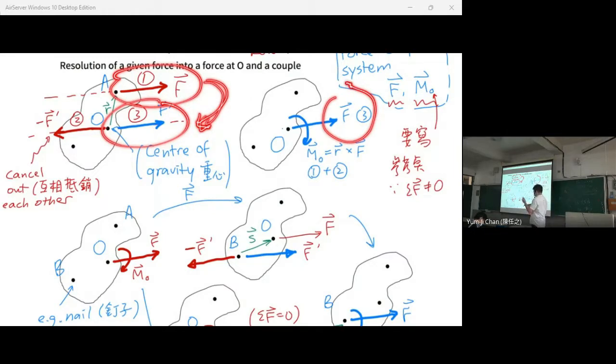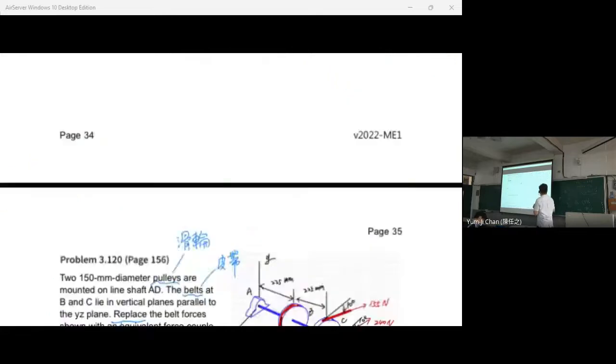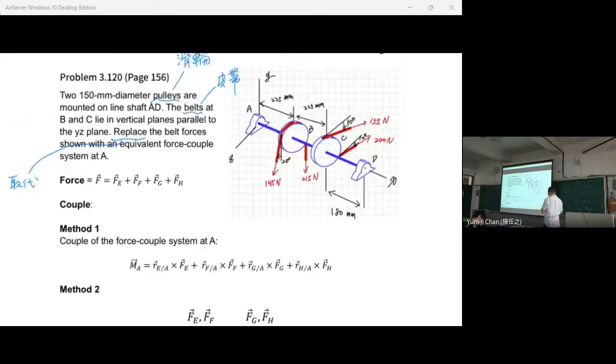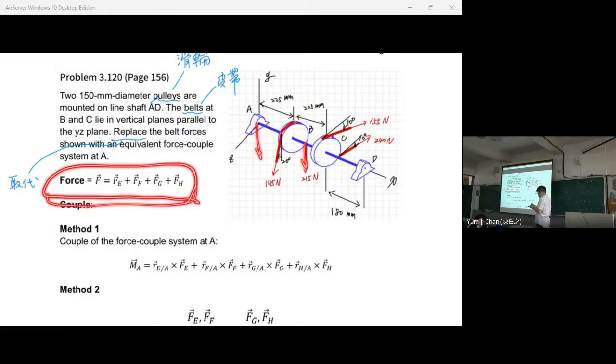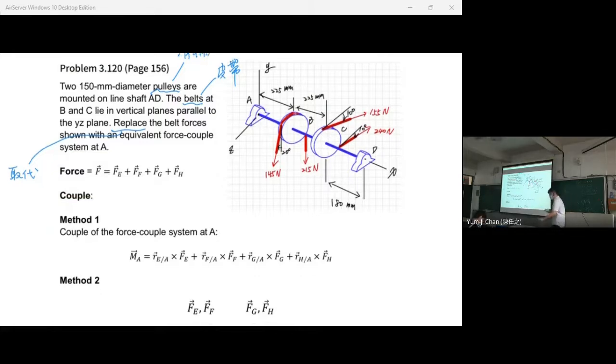So we simply move the force from here to here. The total force in the force couple system is the sum of these four forces. How about the couple? We have two methods of doing that.